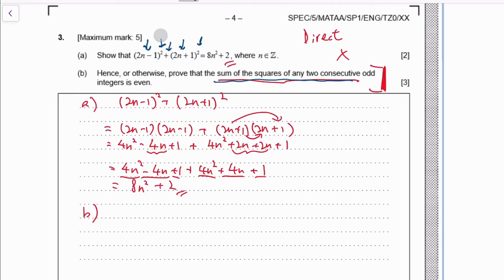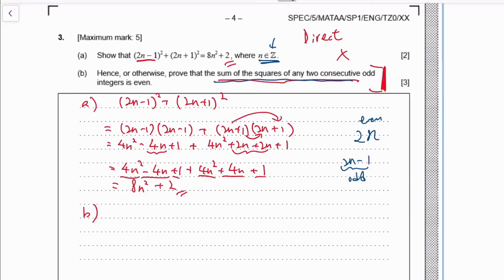Okay? Now, in case you're still thinking why is 2n minus 1 odd, the reason is if you have any integer n, where n is in Z, Z means integer, if you multiply by 2, so 2n, that's even. That's the meaning of even number, right? So this is even. Therefore, if you do 2n minus 1, that's odd. Because if you have an even number, you take 1 away, that's obviously odd.